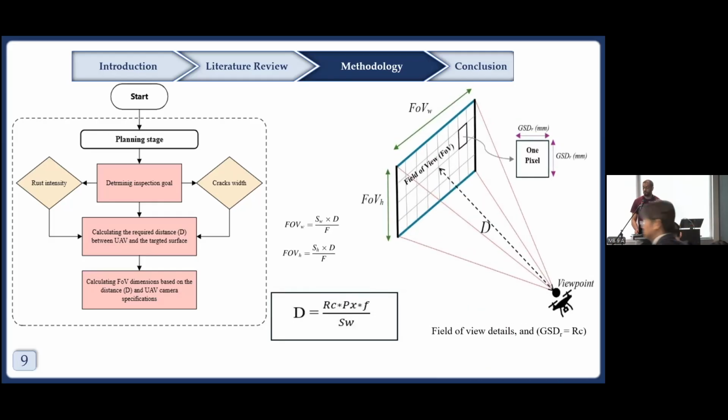After we determine our goal of the inspection, we calculate the required distance between the drone and the targeted surface in the building. Then we calculate the field of view of the drone that we use based on the distance that we calculated earlier.